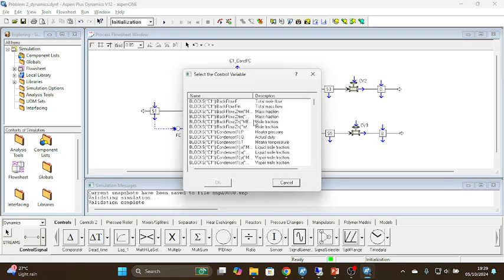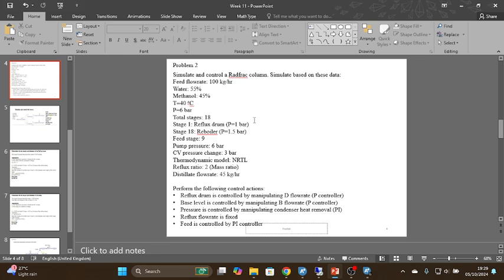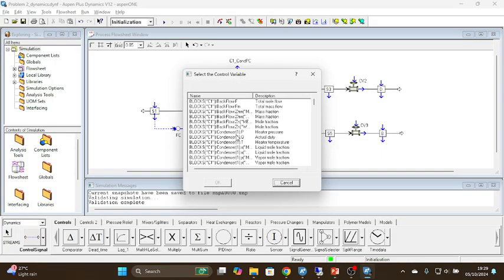So from here we have to, it is given that the pressure is controlled. Sorry. We have to control the pressure of the column by regulating the reboiler duty.